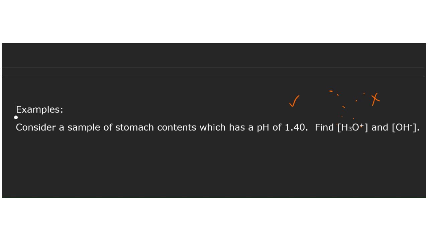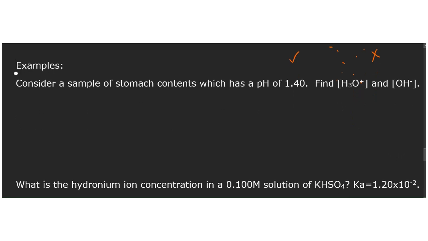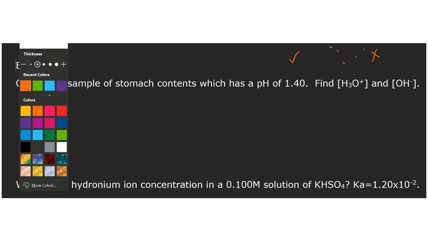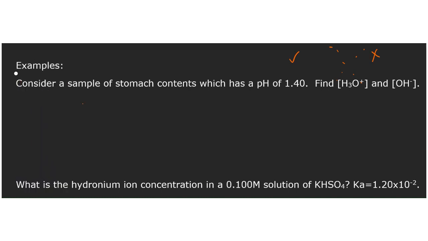Okay. So finding H3O plus concentration and OH negative concentration. What do we know? We know one thing, and what is that? The pH. What can we do with the pH? You can convert it into hydronium ion concentration by taking the anti-log of negative pH.